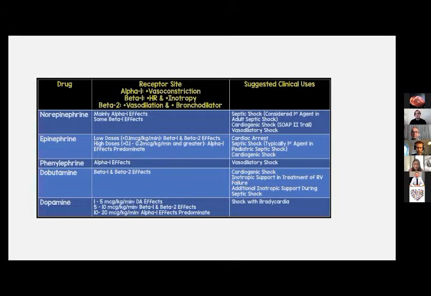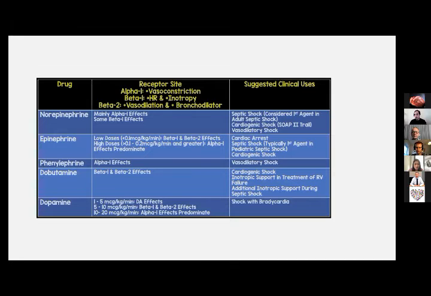So norepinephrine, which is the pressor of choice, usually works through the alpha-1. That's the main site that it works on and causes vasoconstriction. It also has beta-1 effects, which affects inotropy, and it is the pressor of choice, like I said, in septic shock. There is not so much of a role for epinephrine in adults, but in pediatric patients, they do say that epinephrine has a role.